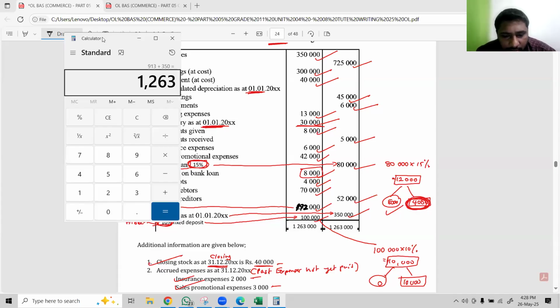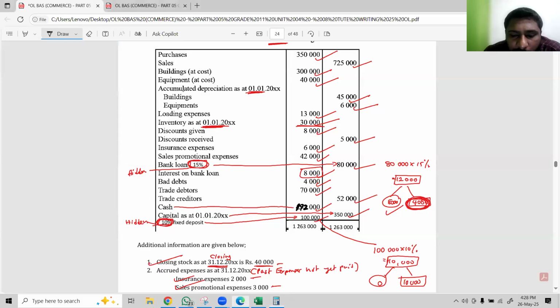Yes. So people do a small change in the trial balance again. Debit side total is coming to 1163. I think so.